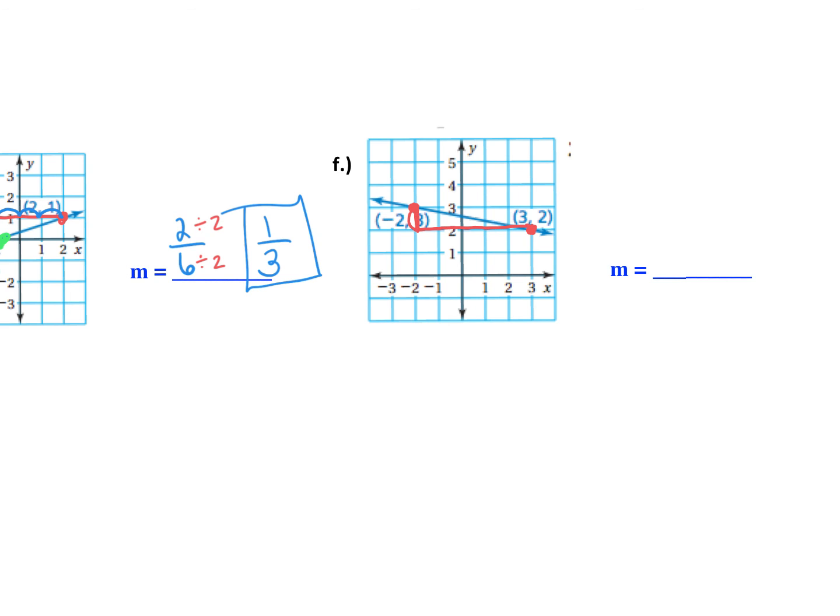So when I go down 1 right there, that's a minus 1, right? Because I went down, so it's negative. And then I'm going to go over, run 1, 2, 3, 4, 5. So I ran 5. So my slope was down 1 over 5. So my slope is a negative 1/5.